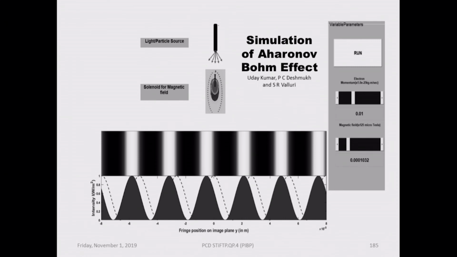So, on the lower side you have these fringes, and then there is a dashed curve which shows how they shift when you change the flux, because the path difference is changing. Okay? This is the path difference which is coming in the Feynman propagator.